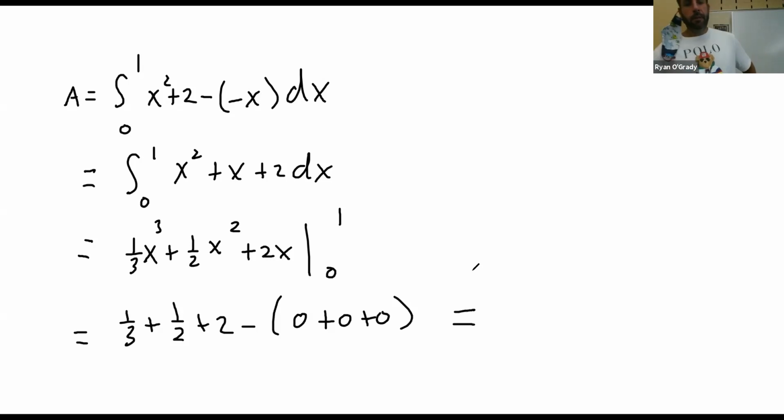And then if you just do your arithmetic, 1/3 plus 1/2 is 5/6. And 2 is 12/6. So if we didn't make any errors, we get 17/6.